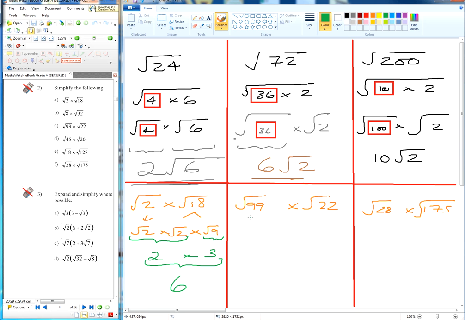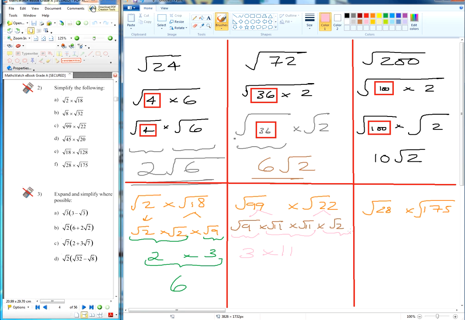Lovely. Root 99. Root 99 sounds like some kind of motorway. So first of all we put here root 9 times root 11 times root 11 times root 2. Can you see why I put the root 11s next to each other? Because they will help us to simplify into just 11. And the root 9 will give us 3.